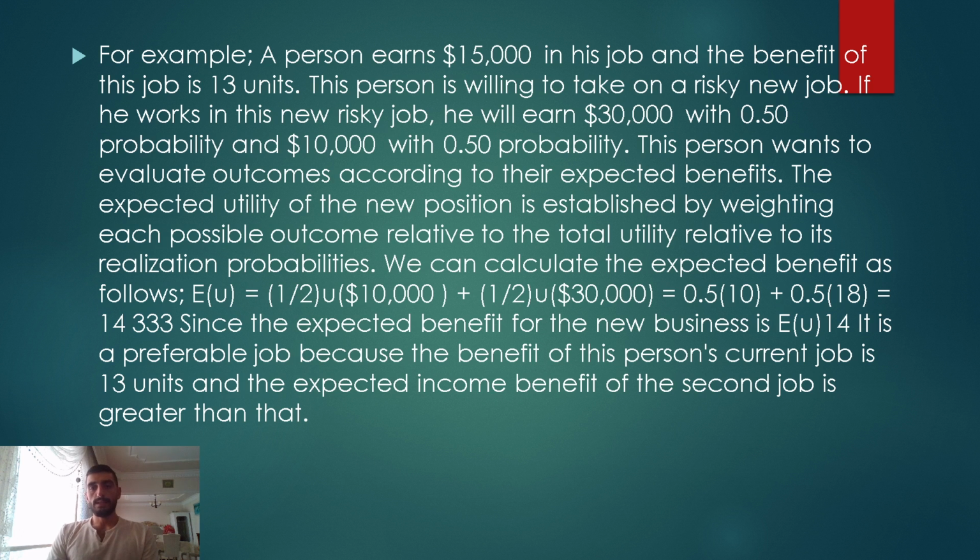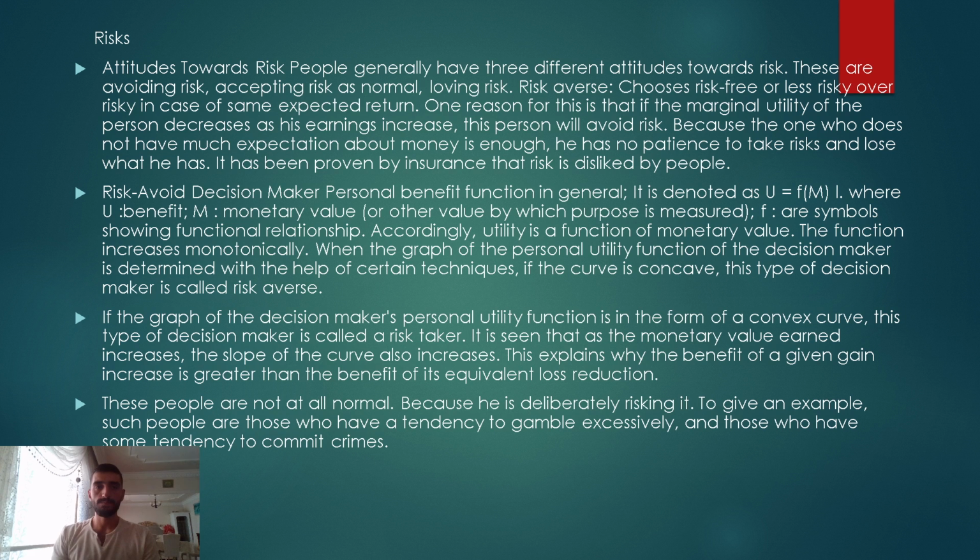We can calculate the expected benefit like this, and the answer will be 14.333, since the expected benefit for the new business will be 14. It is a preferable job because the benefit of this person's current job is 13 units, and the expected benefit of the second job is greater than that.